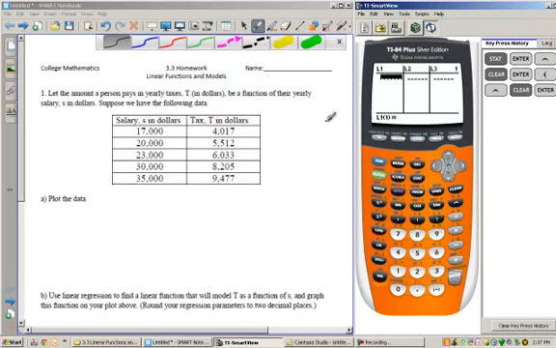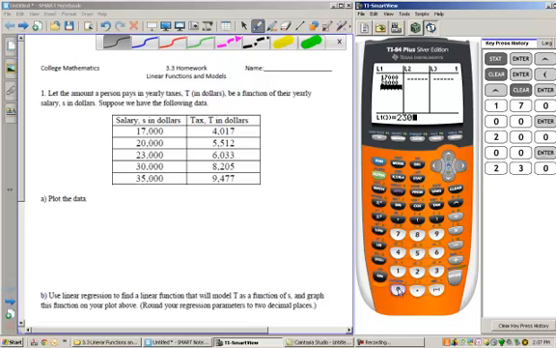Then you want to put in the input, so 17,000, 20,000, 23,000, 30,000, and 35,000.